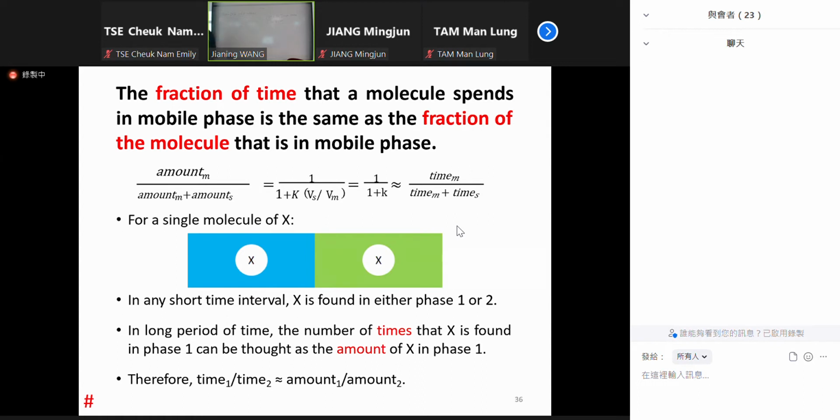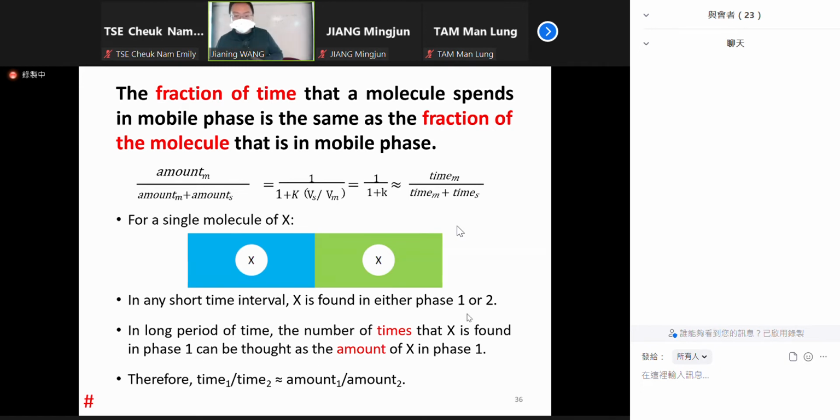So based on this thought, we can build the relationship from the quantity, the molecule number, to the time quantity. So why do we connect to time? Because the spectrum is time dependent.